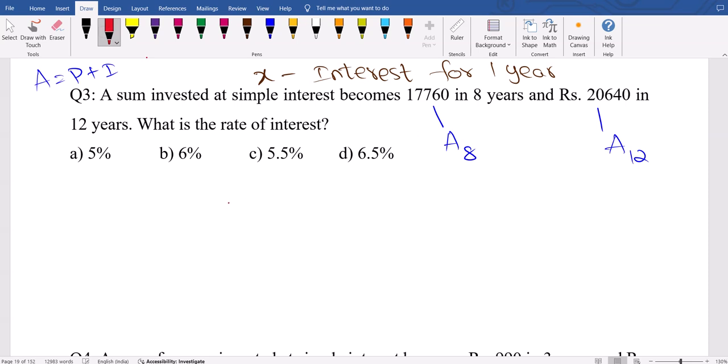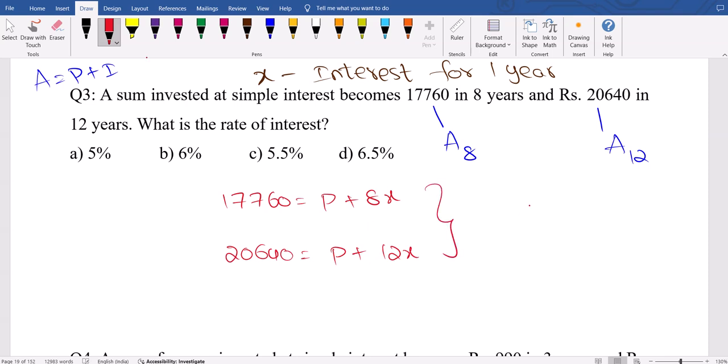So first one, 17,760 is the amount. Principal we don't know, 8 years interest. Next one, 20,640 is the amount. Principal we don't know, 12 years interest. Interest for 1 year is X, so 12 years means 12X.